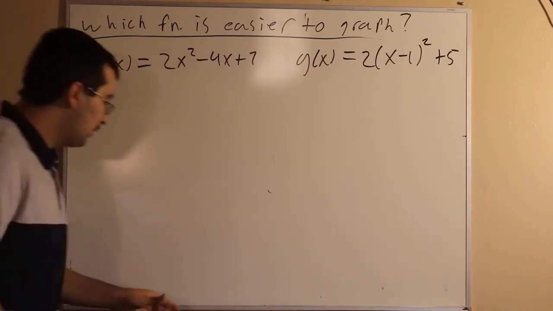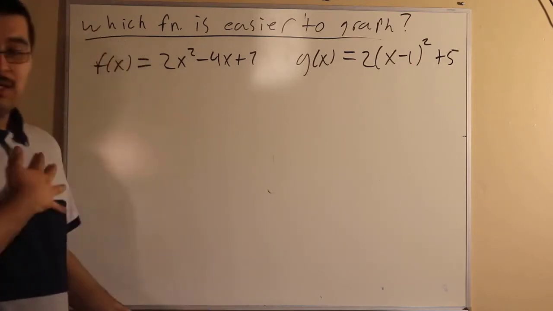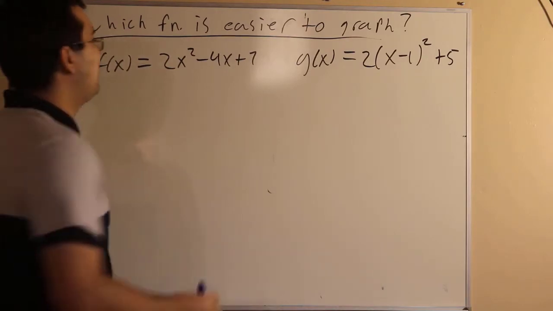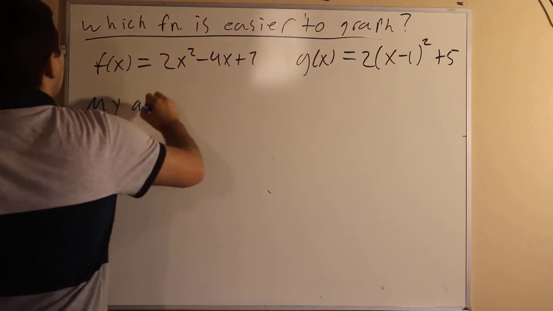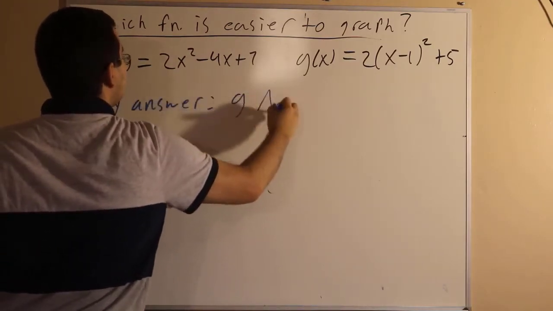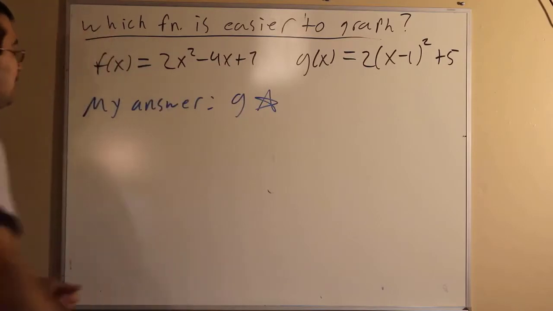Alright, so for me, I would say g is easier to graph. So my answer: g. Why is that?